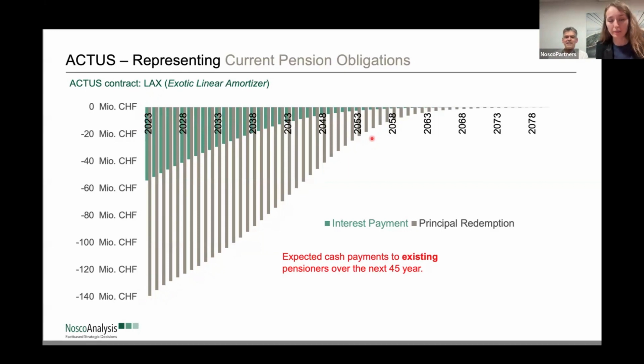Now, let's keep in mind, until now, we have spoken about the current situation of the pension fund. Of course, now let's take this opportunity and go into the future. If we want to make projections, we also need to consider that the currently working people will later become pensioners.